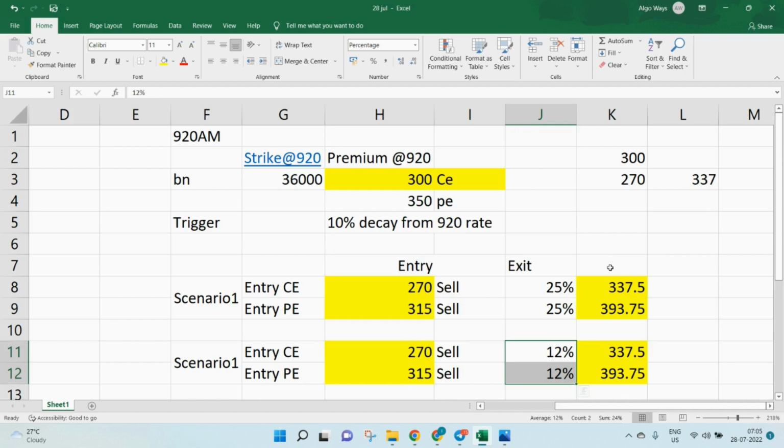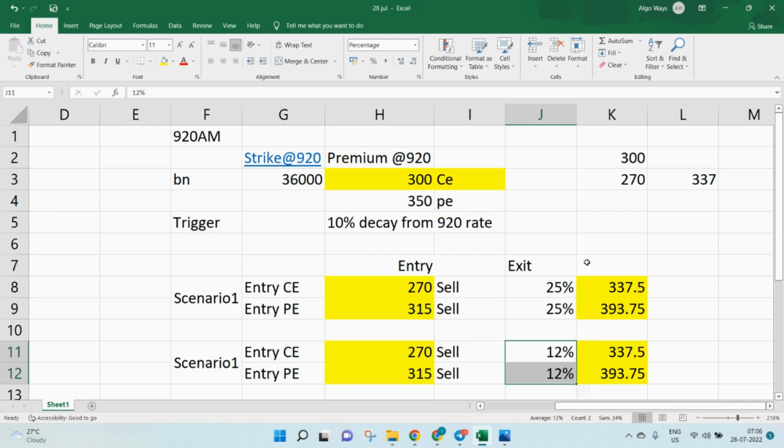Now I have coded these two scenarios in a basic platform called Tradetron. I will just share the backtest report, and then you can also try the same thing. It is a little difficult to do this strategy in Tradetron because Tradetron does not provide a keyword or the facility to record the ATM strike at 9:20 and the premium of that particular strike.